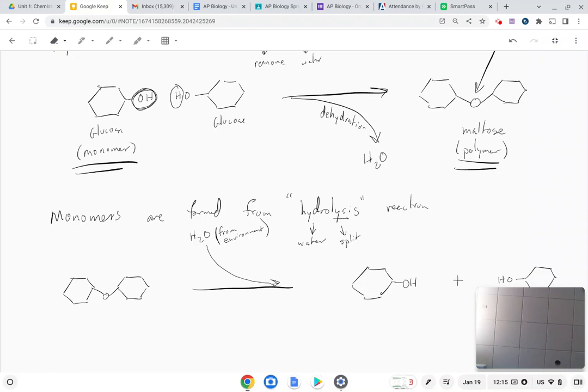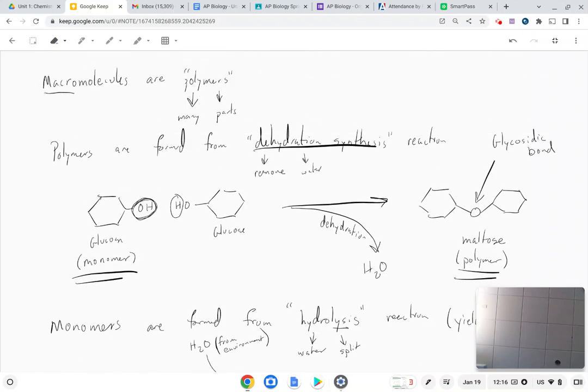One other thing that's a little bit interesting, and I will admit I'm jumping the gun a little bit, this reaction where you're splitting molecules apart yields energy, whereas the reaction up here actually consumes energy.